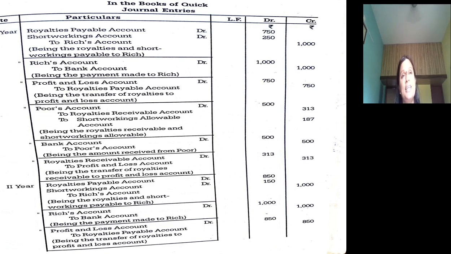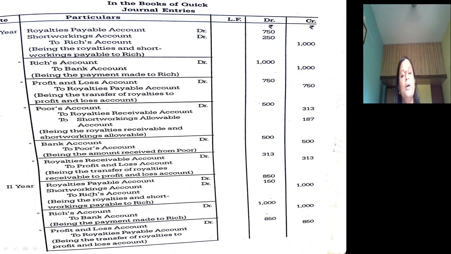It is better to have them separately if it is confusing. That's why I am not explaining the 4th, 5th, 6th entries during the first year. These entries are for the sublease contract in the books of Quick as sublessor, so I'm not concentrating on these 3 entries.